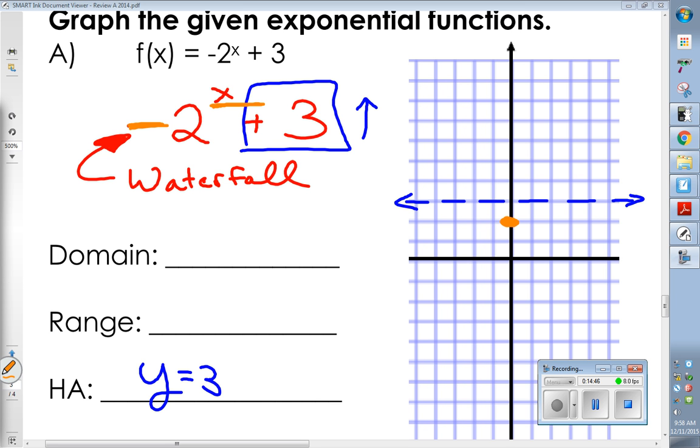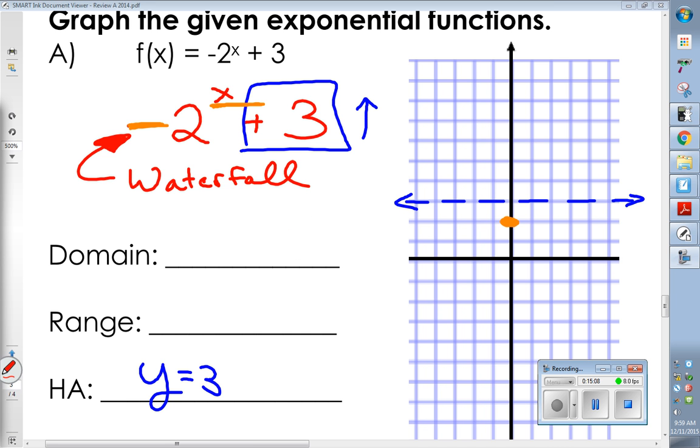Once you've made your first dot, then we're going to start going 2. It's like plugging in 0. If I plug in 0 into this problem, 2 to the 0 is 1, so negative 1 plus 3. It tells us to put it at 2. When in doubt, start plugging in numbers. So it's always going to be 1 above or below because technically what I'm doing is plugging in 0.